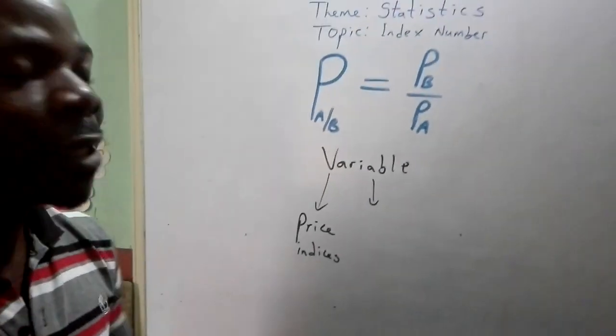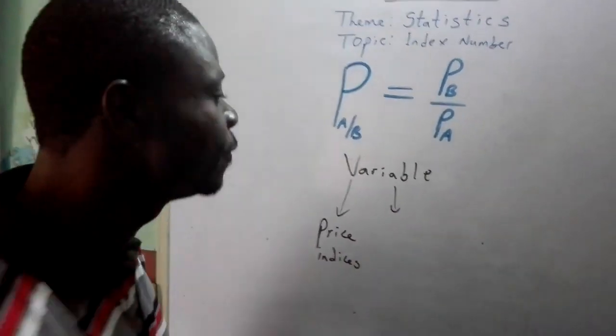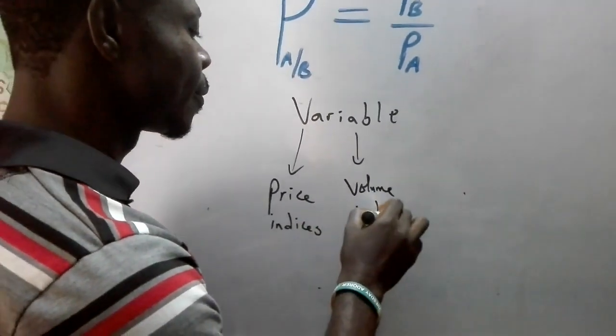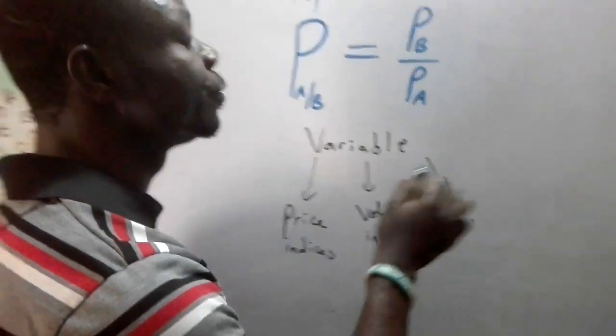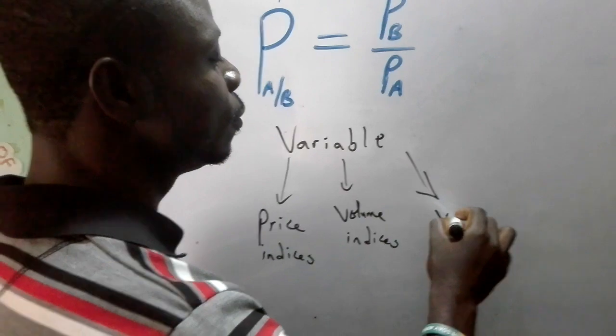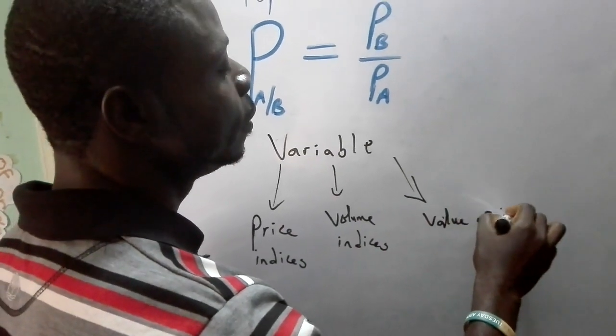Then when it is related with respect to its quantity, we call it volume indices. Then when it is related with respect to its value, we call it value indices.